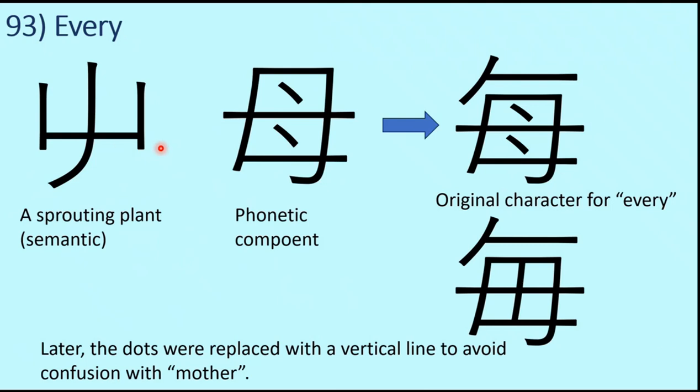For this particular kanji we have these two components. The first is a sprouting plant, and the phonetic component is the mother kanji. This is the reason why we have mother in this kanji for every. Now, why have the dots been replaced with a straight line? This is to avoid any confusion with the original mother kanji. So that is the reason.